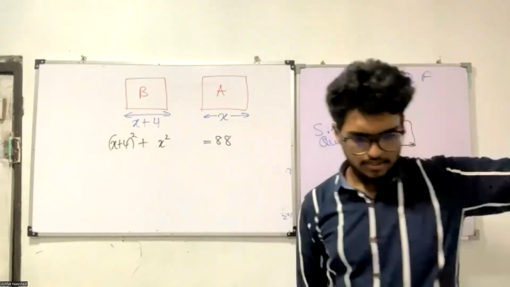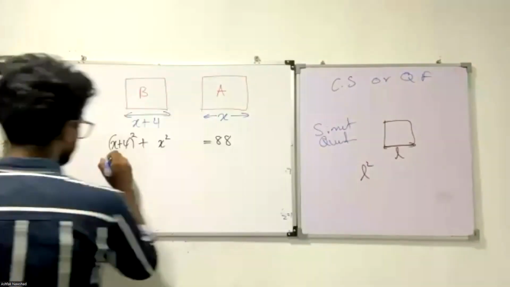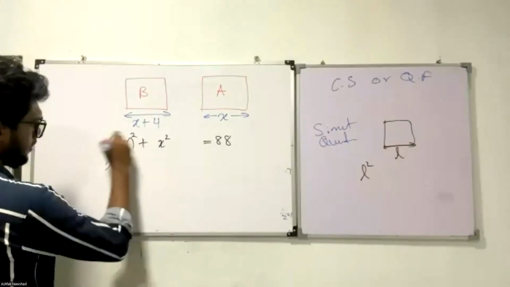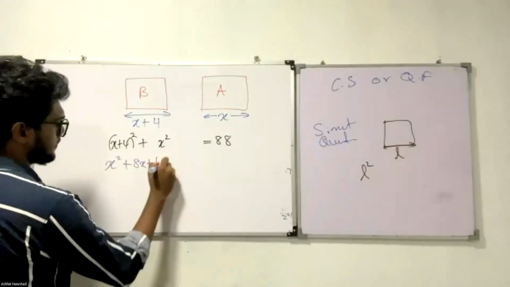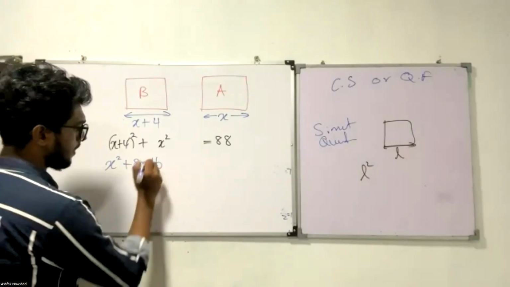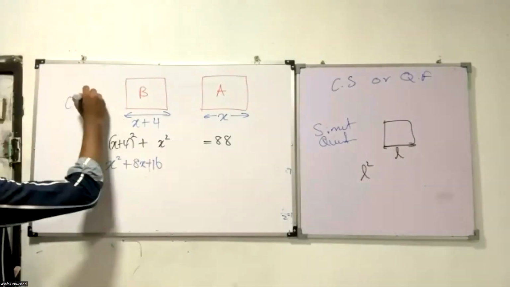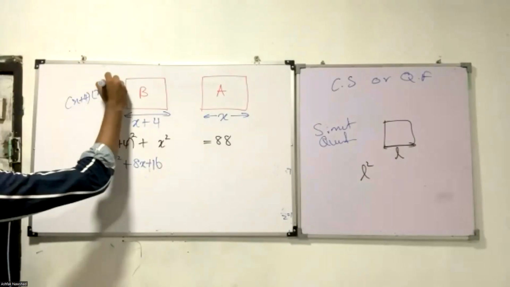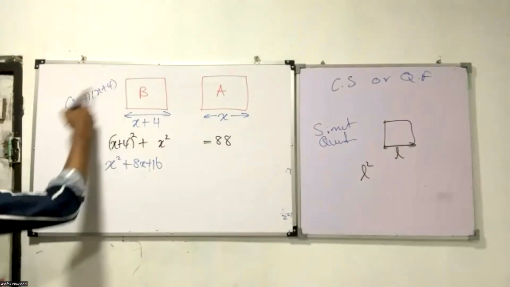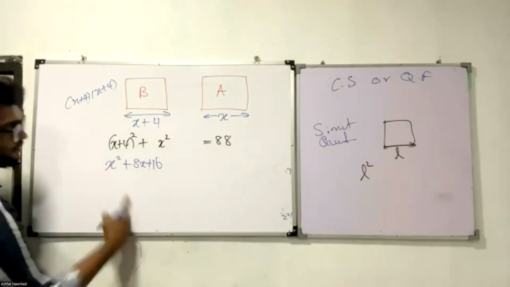Yes, it is exactly x squared plus 8x plus 16. If you don't know the expansion, you can write (x plus 4) twice and check. This would be the answer.